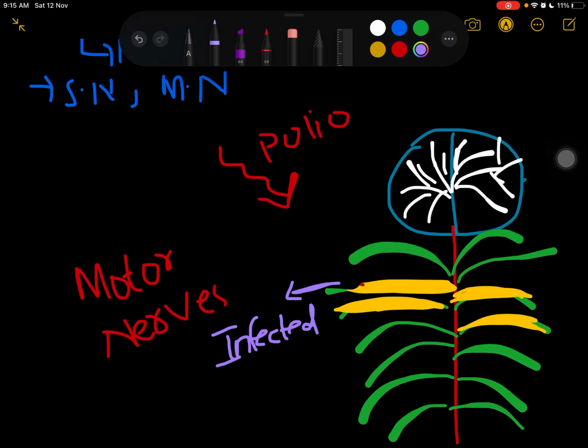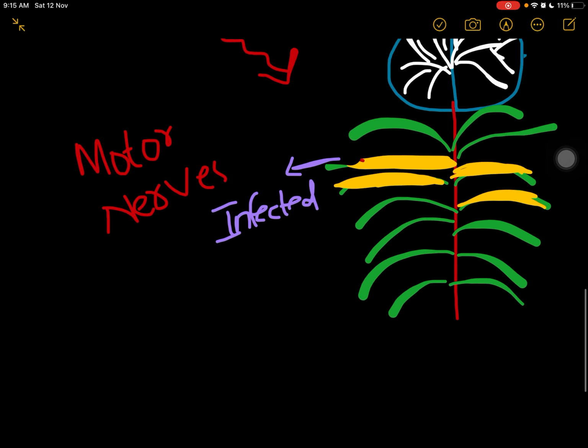Now what will happen when a virus enters into our body? What is the function of our adaptive immunity? The B cells and the T cells destroy that virus, right?